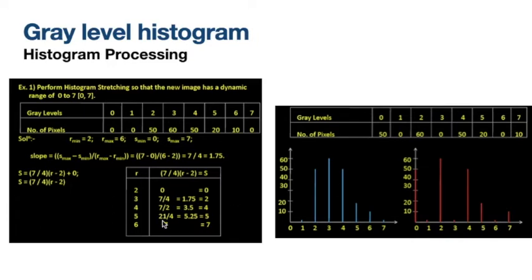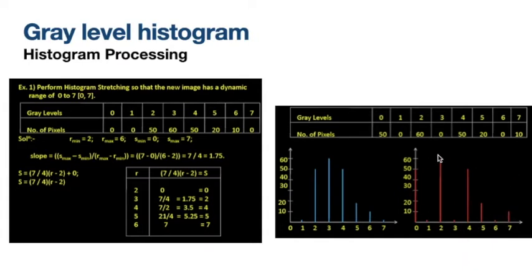Then 7 corresponds to R equal to 6, so the number of pixels is 10.